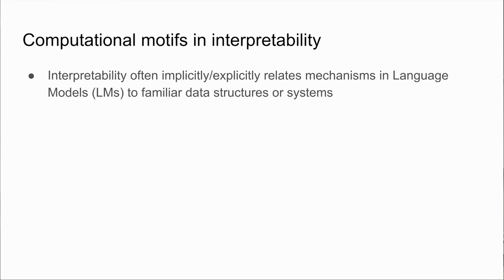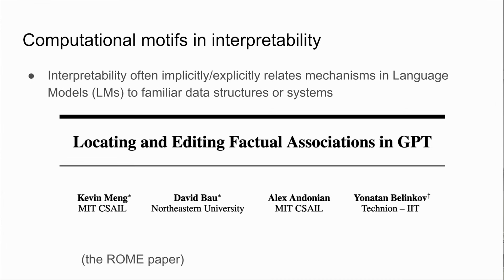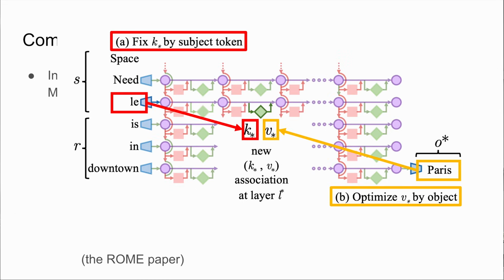So I'll show a few examples. This is the ROME paper, which I think you all read, where they are replacing facts in a language model. So let's say editing weights so that the model thinks that the Space Needle is in Paris, for example.